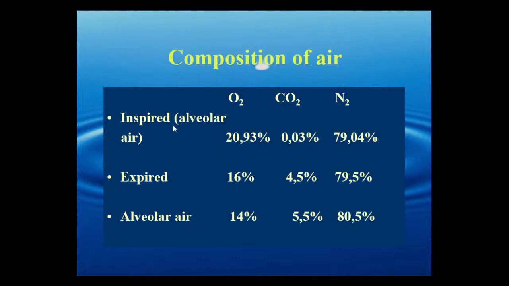Atmospheric air, it's inspired air or alveolar air, where oxygen is approximately 21% of total volume of gases, carbon dioxide only 0.03%, and the most part is nitrogen, approximately 78%.